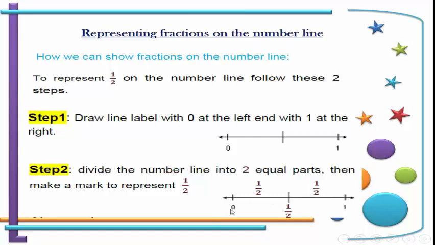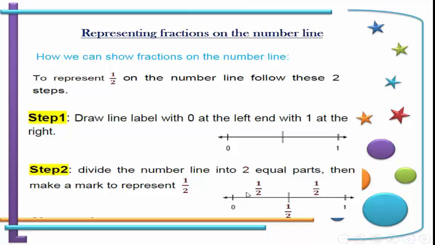Okay, after 0, 1 over 2, then 1, and you know that 1 equals 2 over 2. Okay, so 1 over 2 and 2 over 2 equals 1. Each part represents half.